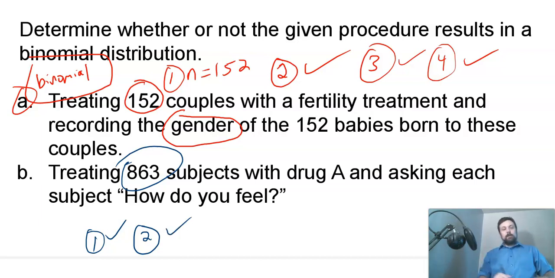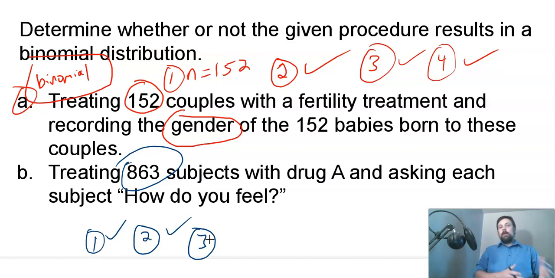And you might say, I thought you said this was obvious. Well, here's where it's obvious, right? I'm just going through the numbers in order. 3, there's only 2 possible outcomes. That's what's required for it to be a binomial distribution, and that is not satisfied here. If you're asking, how do you feel? There are multiple ways to respond to that. I feel good. I feel bad. I feel okay.